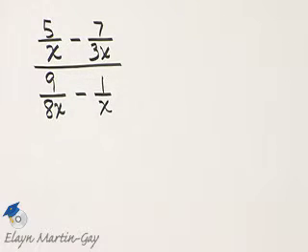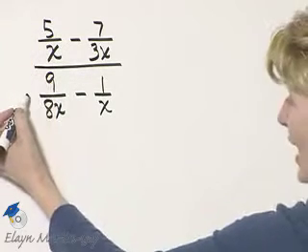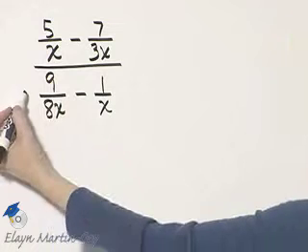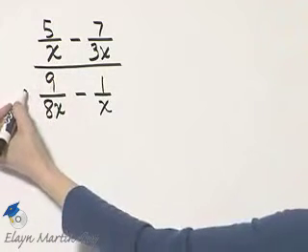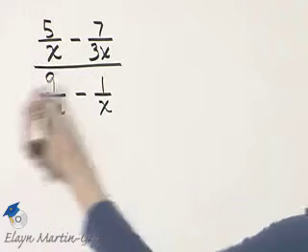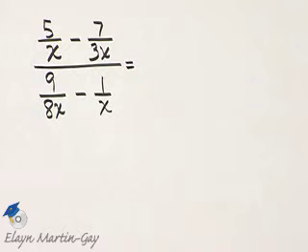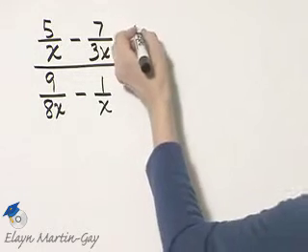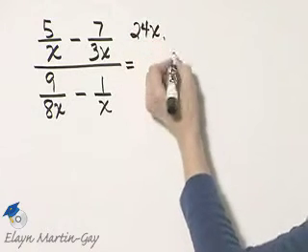It is 24x. So I'll multiply the numerator by 24x and the denominator of the complex fraction by 24x. And I'm allowed to do that because 24x over 24x simplifies to 1. Now, since I'm multiplying the entire numerator by 24x and the entire denominator by 24x, I'll multiply every single term by 24x.